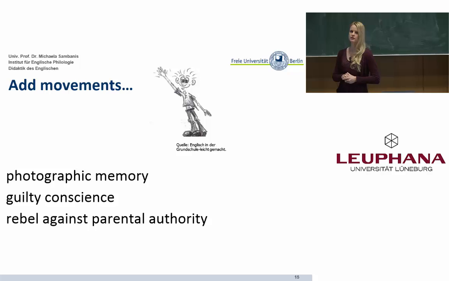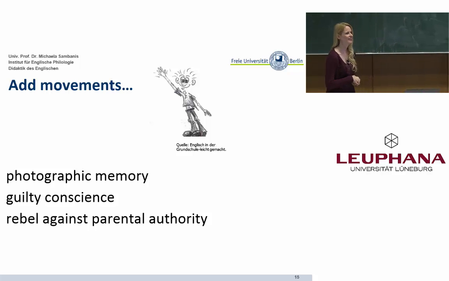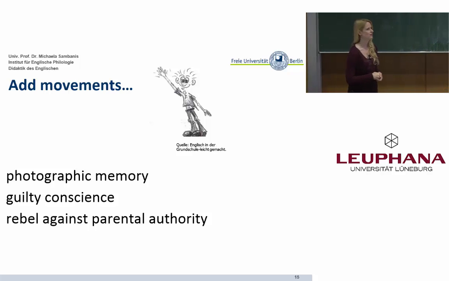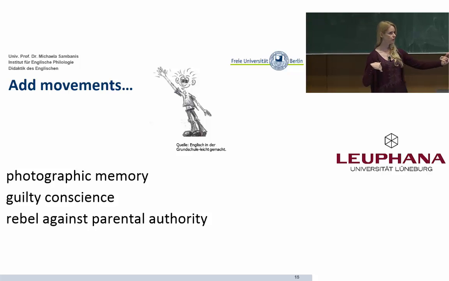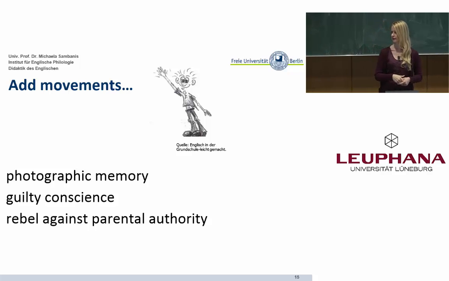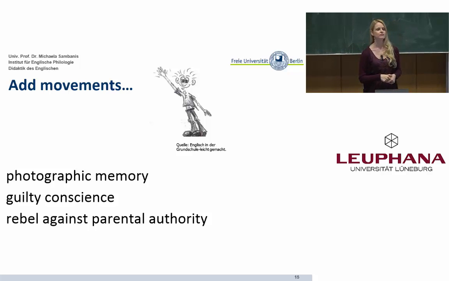Rebel against parental authority. How could we show this? See, multi-word units work too, not only single words. How would you show it? What's the gesture for rebellion usually? Yes, fist. Okay, so I think that's clear.